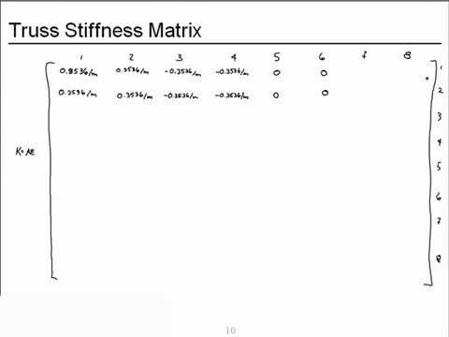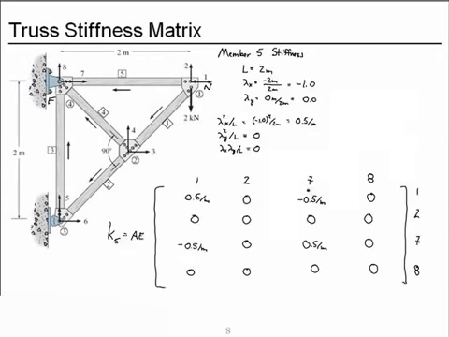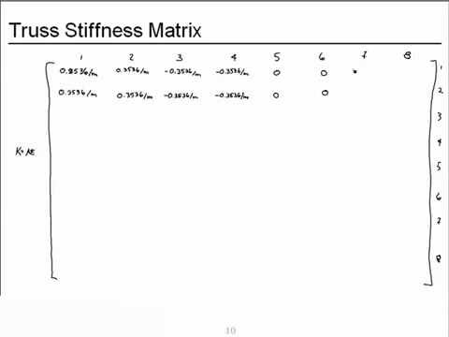Now for this chunk, there's only one member that connects degrees of freedom 1 and 2 to 7 and 8, and that's member 5. So the structure stiffness matrix in that chunk is directly taken from this member stiffness.